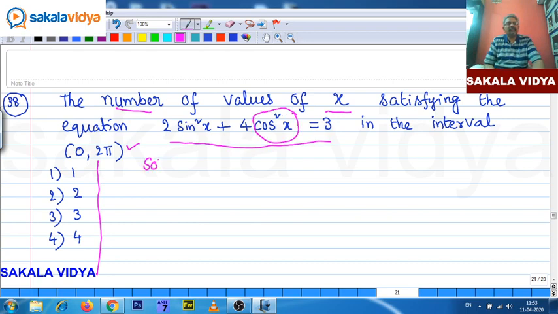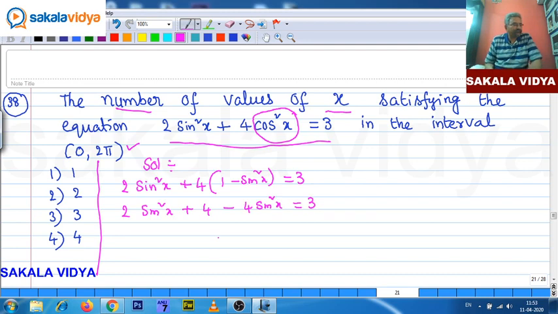We have 2 sin square x plus 4 into 1 minus sin square x equal to 3. So 2 sin square x plus 4 minus 4 sin square x equal to 3. This step is correct. So now 4 minus 3 is equal to 2 sin square x, so this equals 1. Sin square x equals 1 by 2.